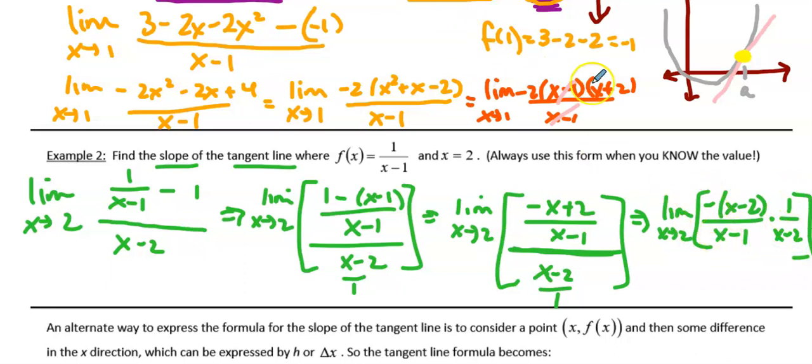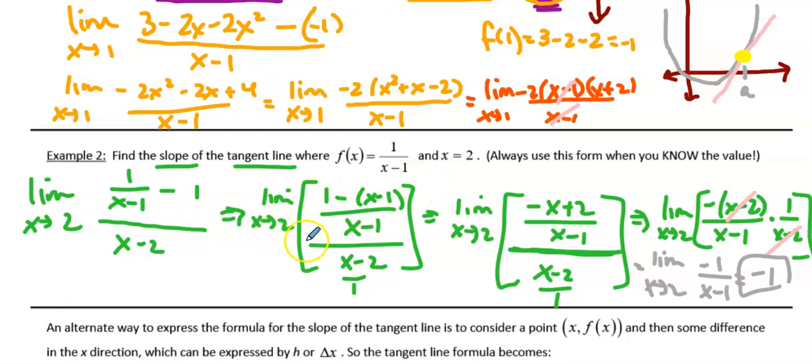And this is good for us because now things are starting to cancel out. When we do this, we're going to get the limit as x approaches 2 of negative 1 over x minus 1. We can now do substitution for this problem. We plug in 2 here, we get negative 1 over 1. So our answer is going to be negative 1. So the slope of the tangent line of this function at x equals 2 is going to be negative 1.